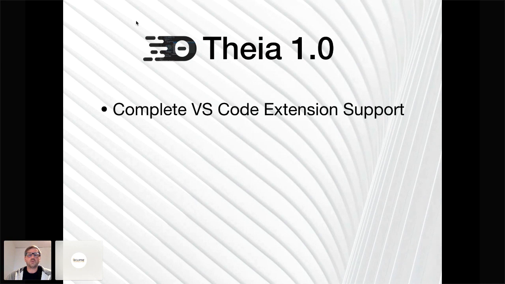Right, so then last slide is Theia 1.0. Currently we have 0.11 or so, I think. We want to complete the VS Code extension support. The surface for the VS Code API is quite huge, and Theia supports most of it already, but there are some rough edges, I would say.